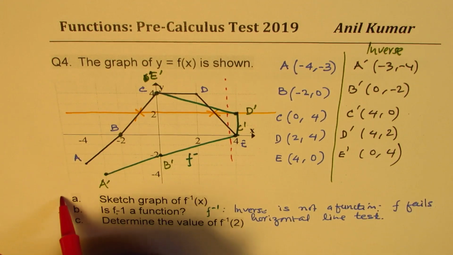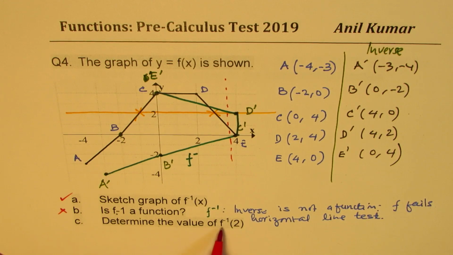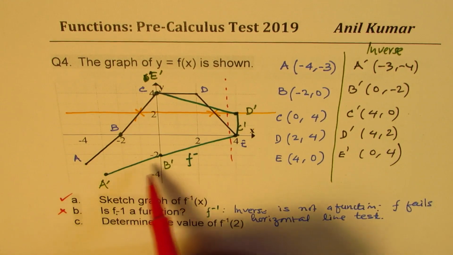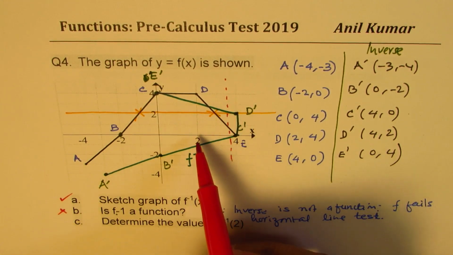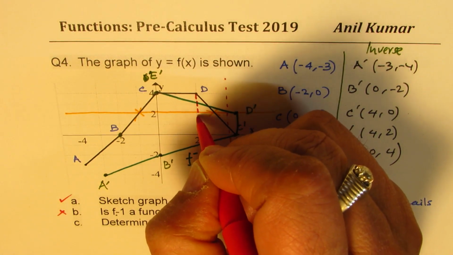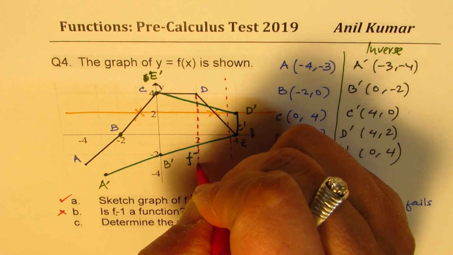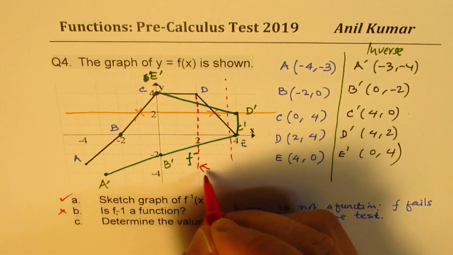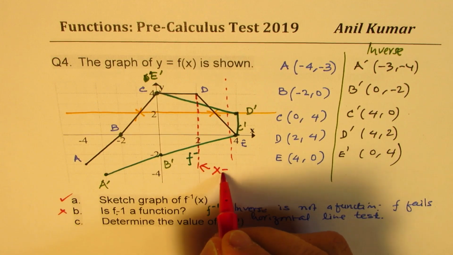Now, we have already done the sketching part. Determine the value of f inverse of 2. So that is to say, on the inverse function, if x is 2, then what is the value of the function? So this is x equals 2, right?